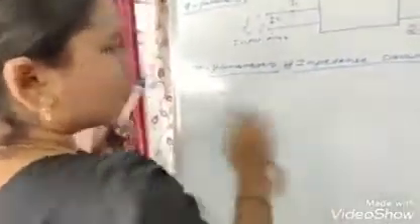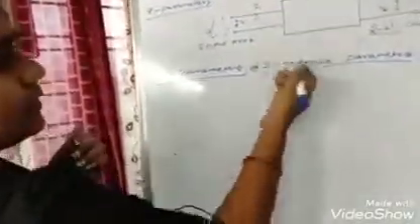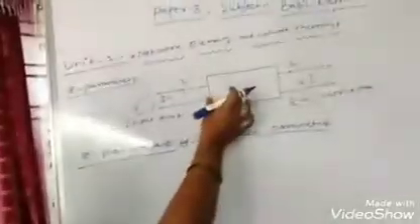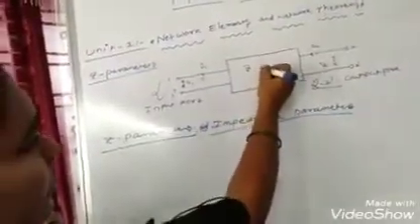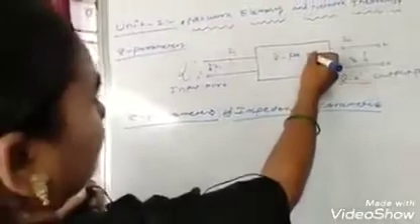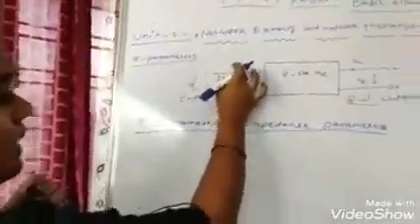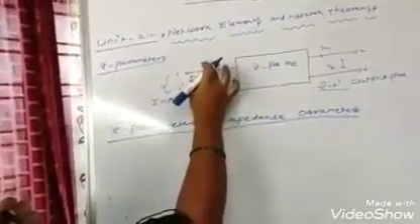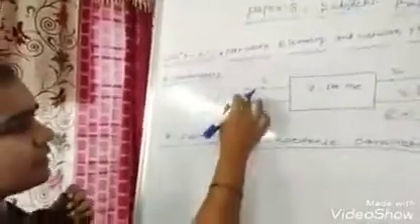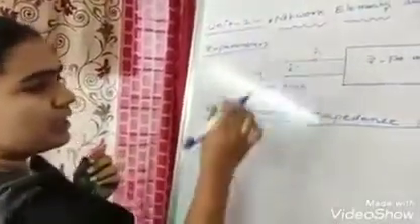Here we will derive the Z parameters. It is a very simple derivation. I already drew this block diagram, the diagram of the Z parameters. Here I wrote I1 and V1. I1 is the input current, the current entering, and V1 is the voltage difference between the two input terminals.